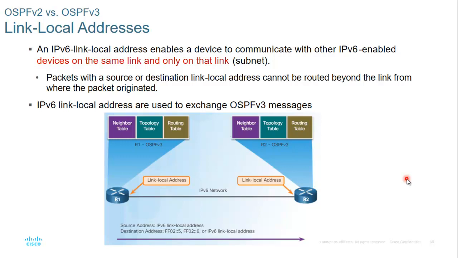It doesn't go out of that. If you forgot what is link local in IP version 6, I would suggest you revisit the IP version 6 presentation. IP version 6 link local addresses are used to exchange OSPF version 3 messages. So link local addresses so they can exchange messages.